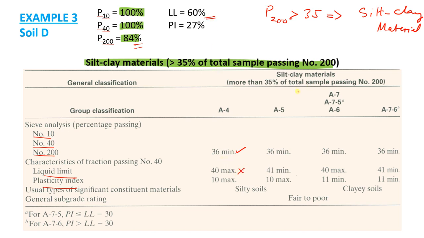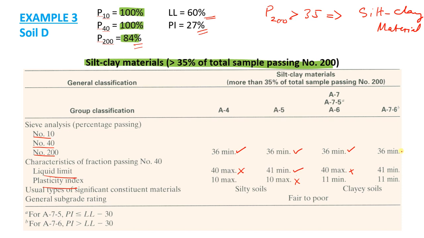So just move on to the next. This is matching. 41 minimum means it could be 41 and above. It's okay. Now the plasticity index is 10 maximum, means it cannot be more than 10, but in this example it is 27, so this is not matching. Go to the next. This is okay. 40 maximum is not okay.